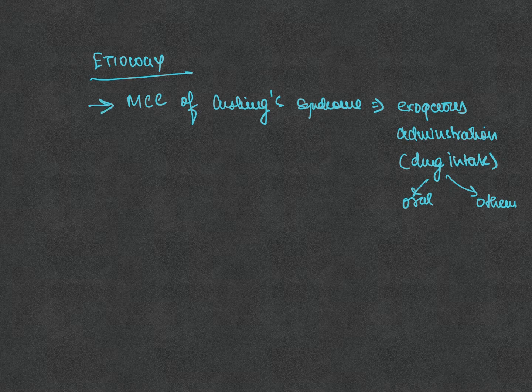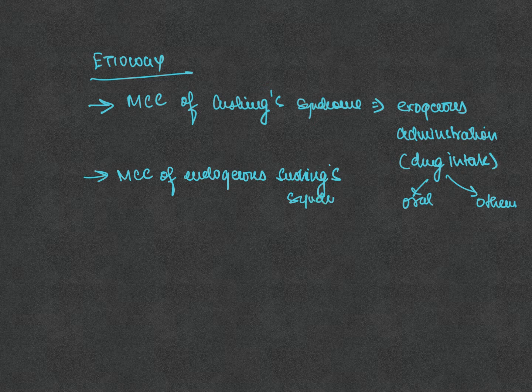Now, the most common cause of endogenous Cushing's syndrome is ACTH secreting pituitary adenoma or Cushing's disease.